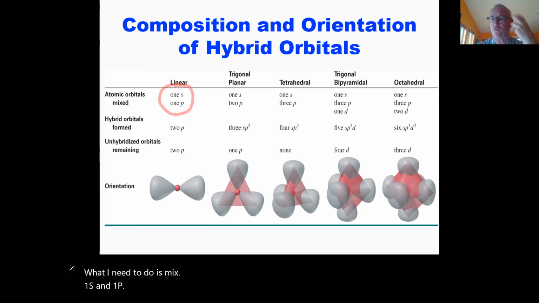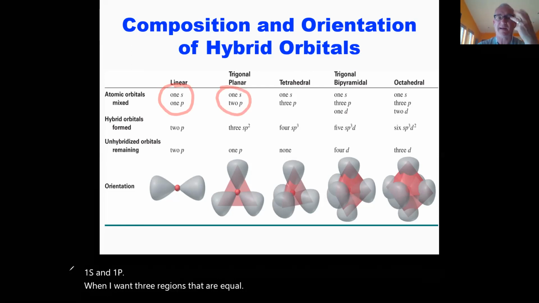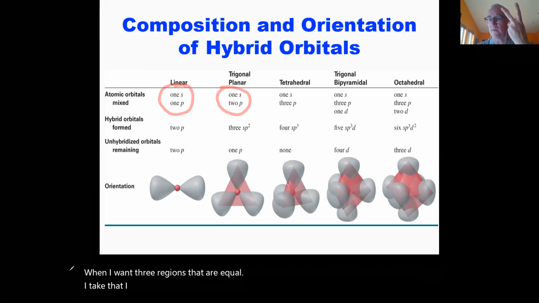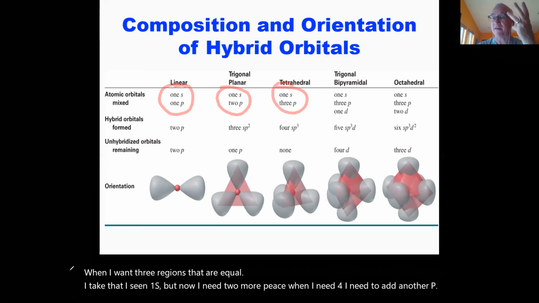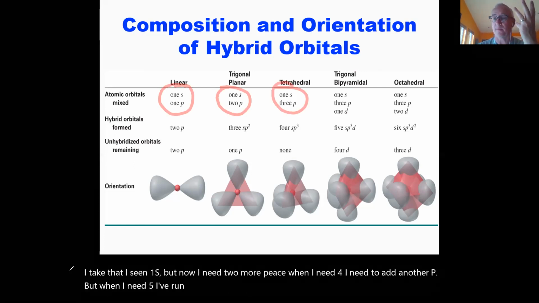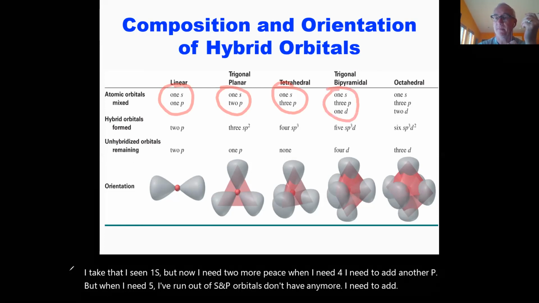When I want 3 regions that are equal, I take the same s, but now I need 2 more p's. When I need 4, I need to add another p. But when I need 5, I've run out of s and p orbitals. I don't have any more. I need to add 1 d.